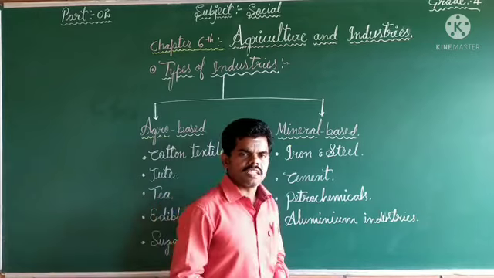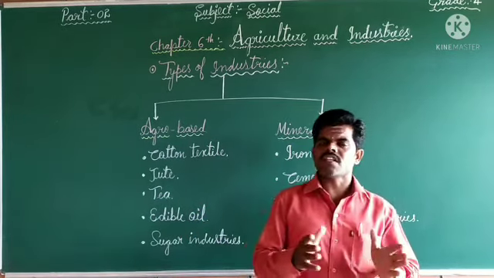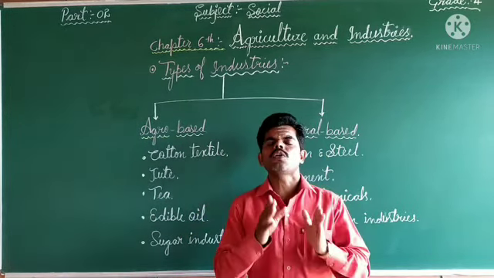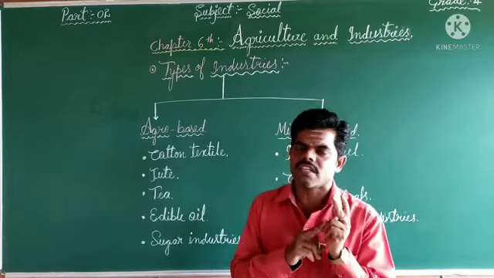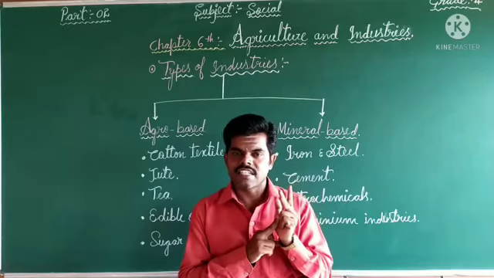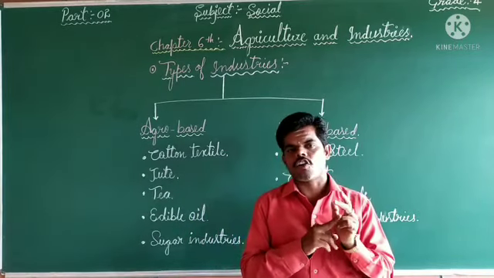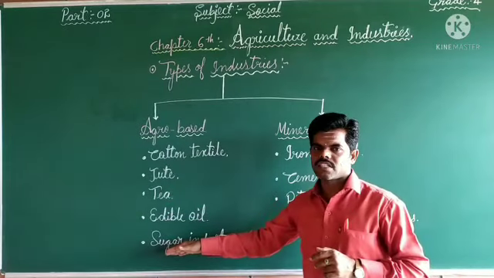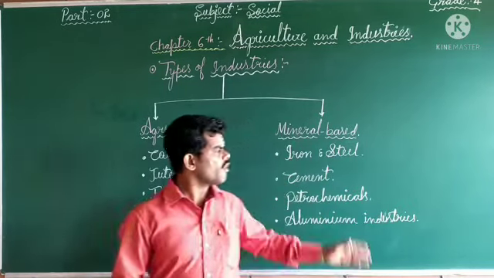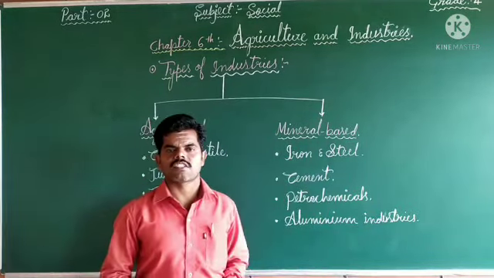So dear students, the industries of India are classified into 2 types. The first one is agro-based industries and the second one is mineral-based industries, depending on the raw materials. Did you get the point, dear students? Examples of agro-based industries and examples of mineral-based industries.